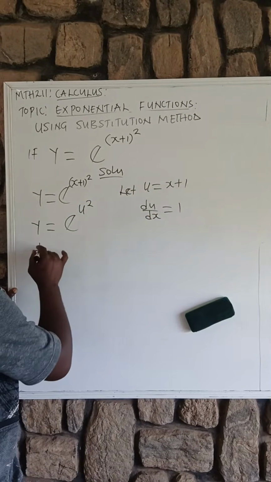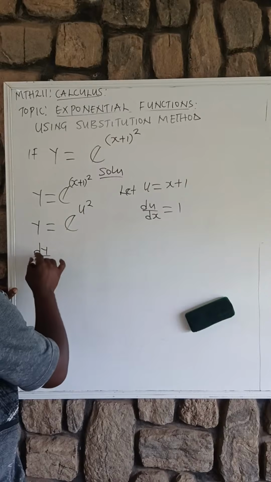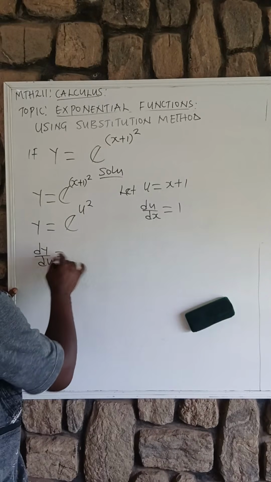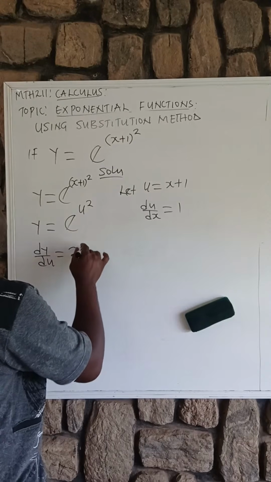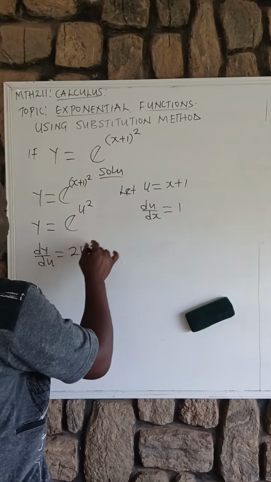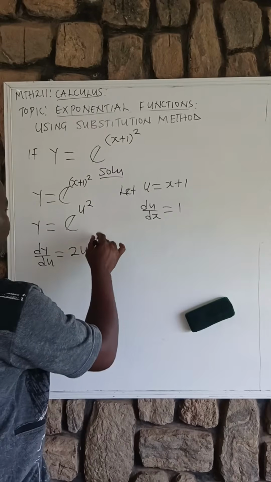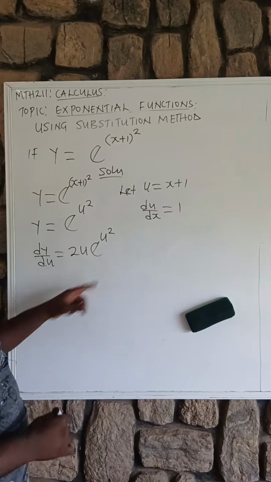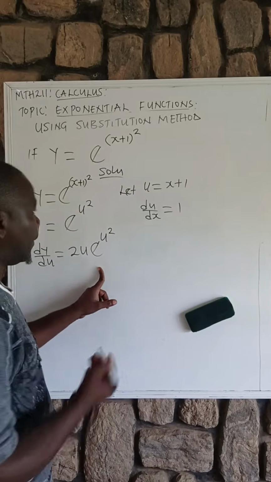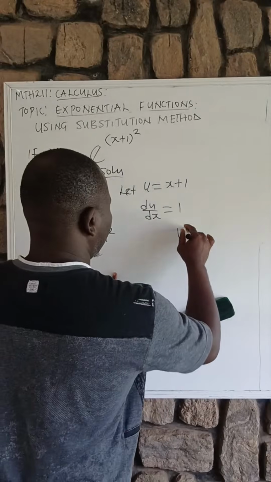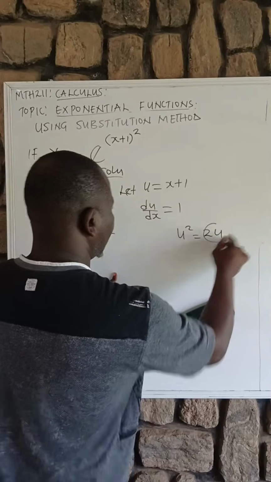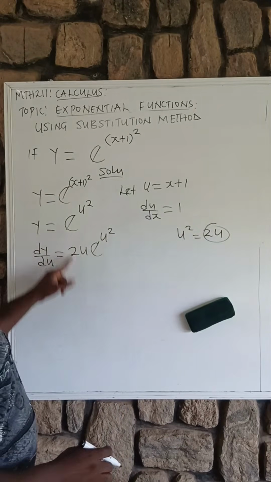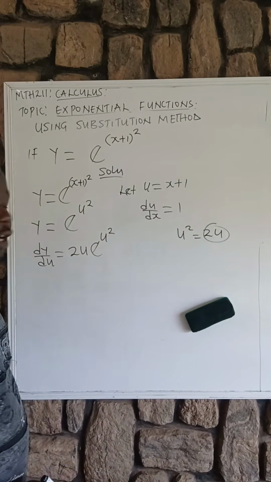Then our dy over du is going to give us 2u exponential u squared, true or false? Because if you differentiate u squared, you are supposed to have 2u, then you need to multiply the function. So 2u exponential u squared.